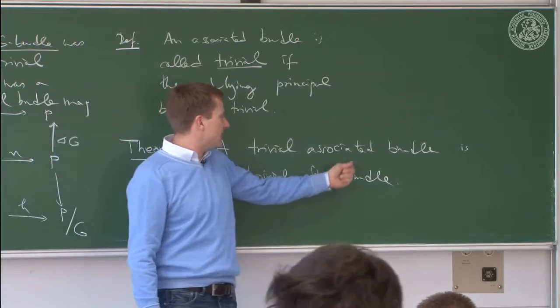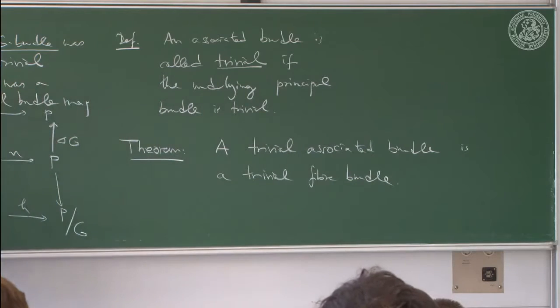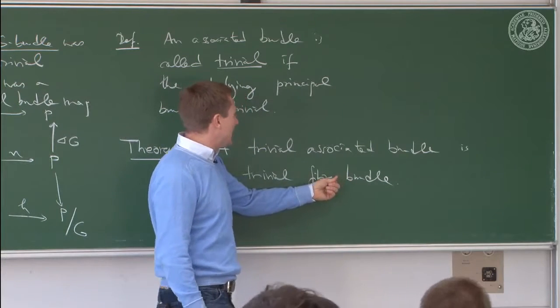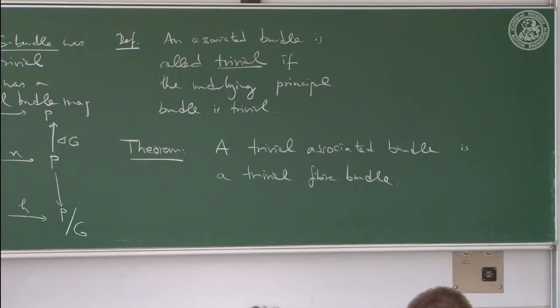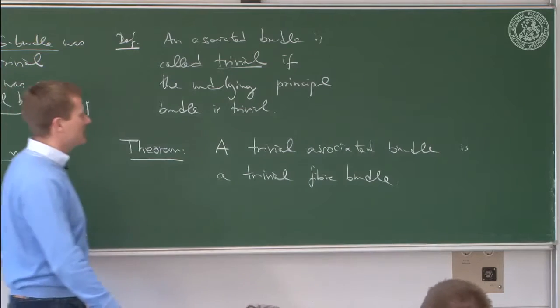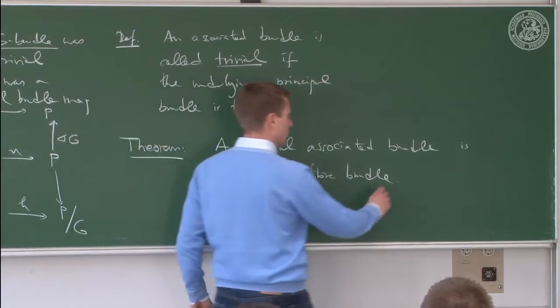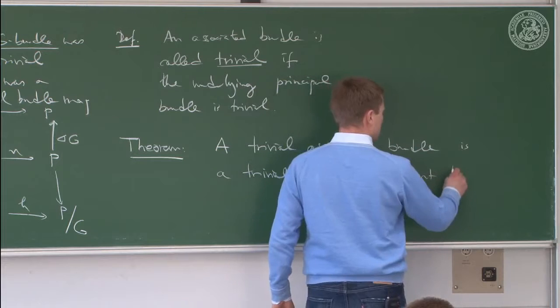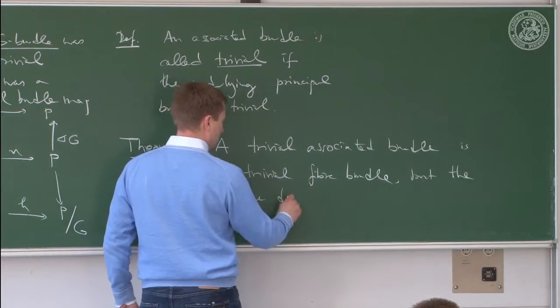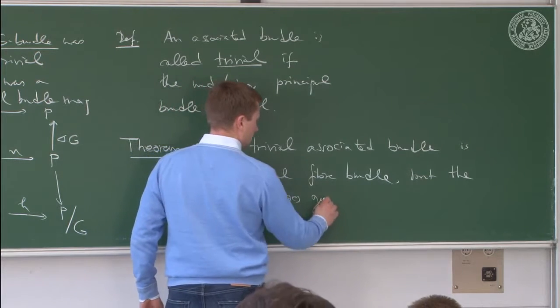And if I then talk of it as a fiber bundle, I would look at the associated bundle, which is a fiber bundle, and I can then show that this associated bundle is isomorphic to its base space times the fiber M. Okay, it's a non-trivial statement. Trivial associated bundle is a trivial fiber bundle, but the converse does not generally hold.